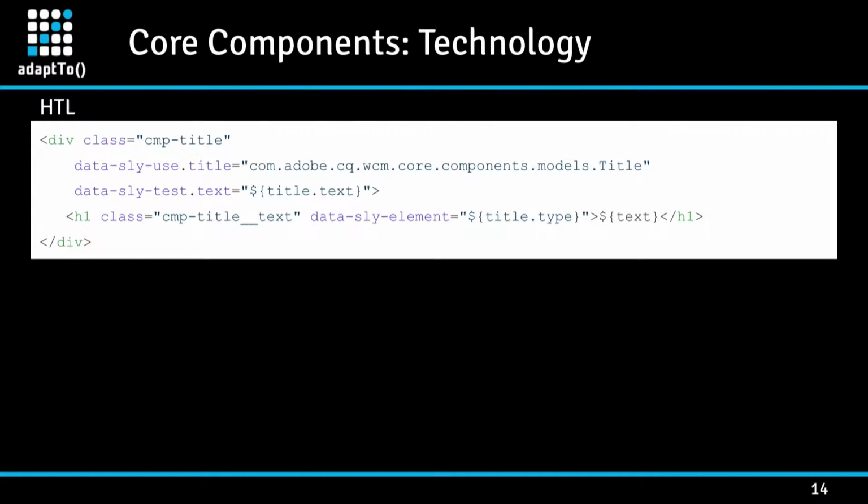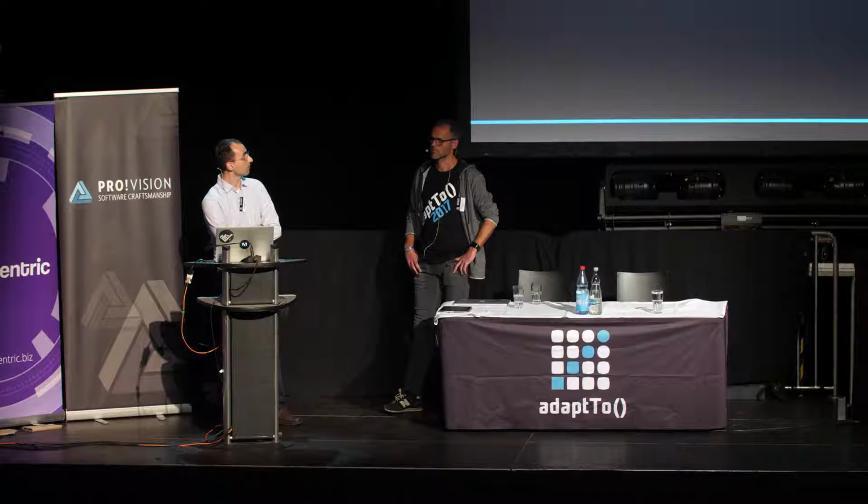For example, an HTL script looks something like this. As you see, it uses a model, a title model, and we are trying to put BEM style selectors wherever we think it's relevant and you would want to customize something in the markup.